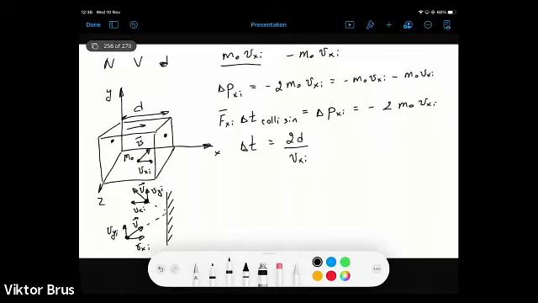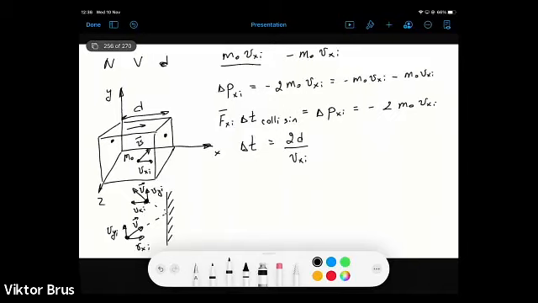That is the time interval along which the molecule can hit the given surface only once.